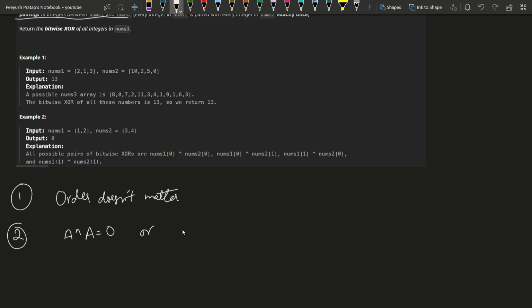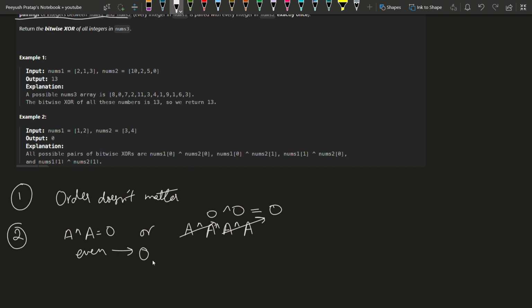Or we can say if we do XOR on an even number of elements, like here, 2, 3, 4, the XOR of these two is 0, the XOR of these two is 0, and the XOR of 0, 0 will be 0. So when the elements are in even number, their XOR will be 0.